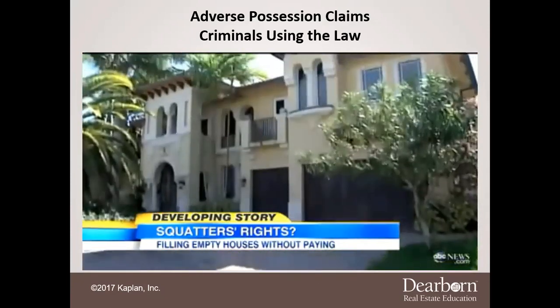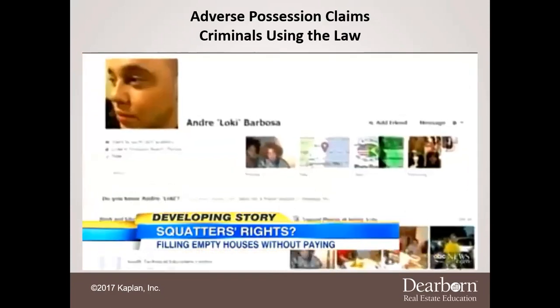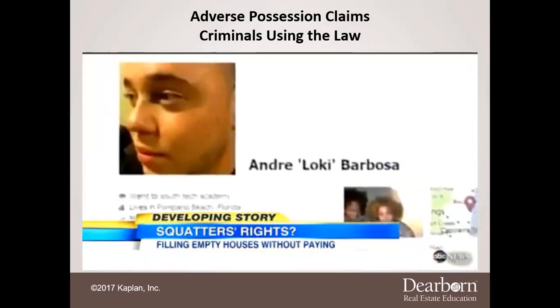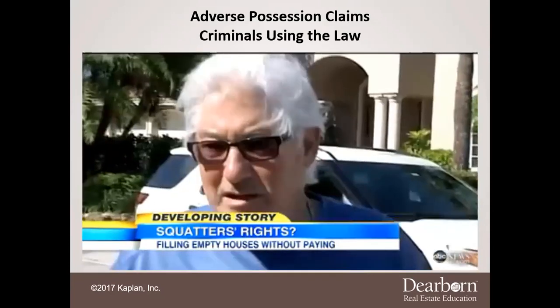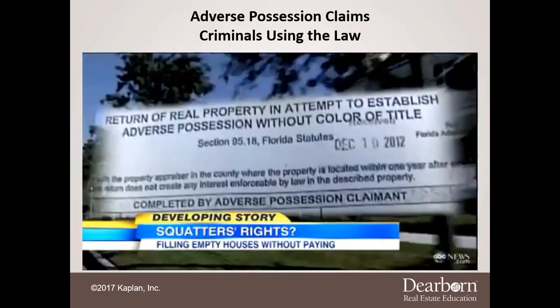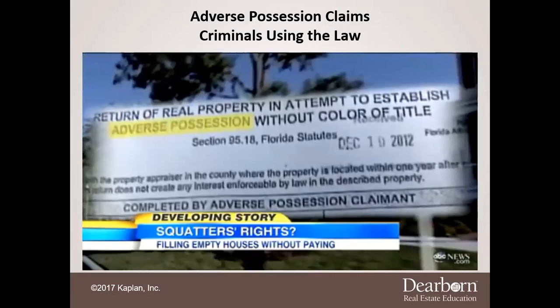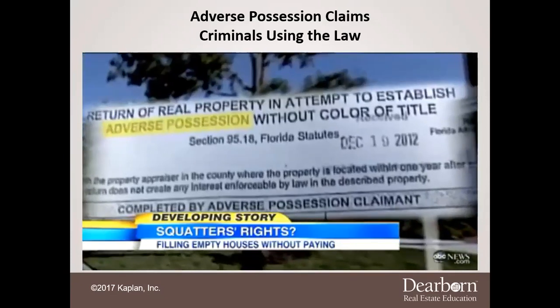The bank foreclosed a couple of years ago, but now a 23-year-old named Andre Barbosa has simply moved in. Nobody's happy. We all spent a lot of money to live on this too. Barbosa is using an obscure legal concept on the books in every state called adverse possession, which says if you live in an empty home for a certain amount of time, it's yours.